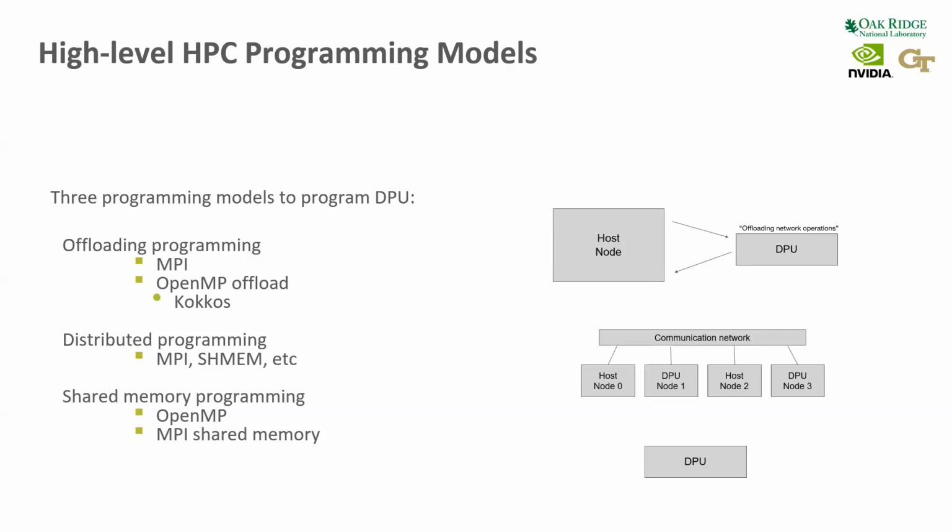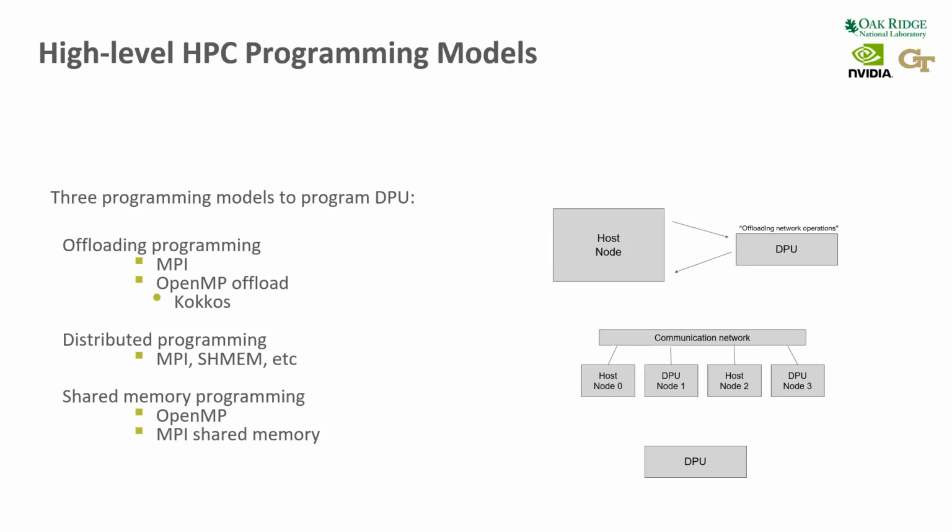The other programming model that is an offloading programming model, as a result of OpenMP offload supported in the DPU, is Kokkos. A Kokkos backend that uses the OpenMP offload is another programming model that is mostly for C++ programmers. So those are the three APIs that we currently have for HPC applications.